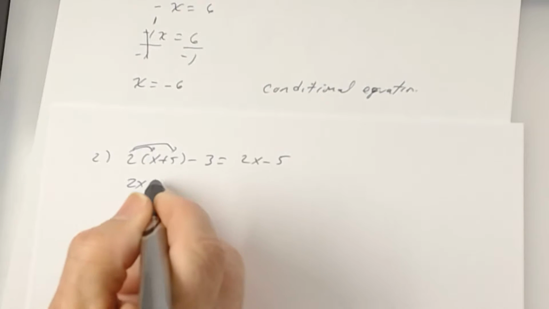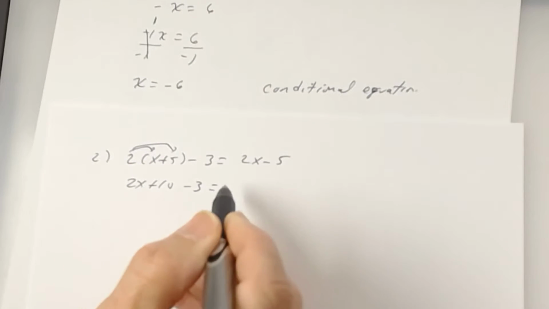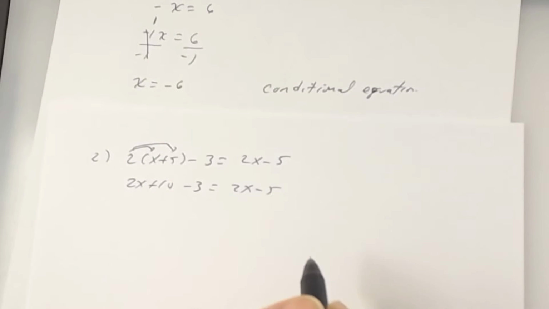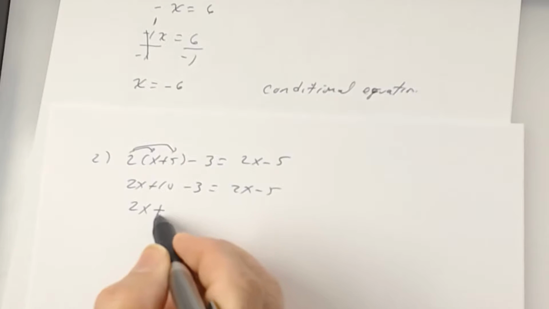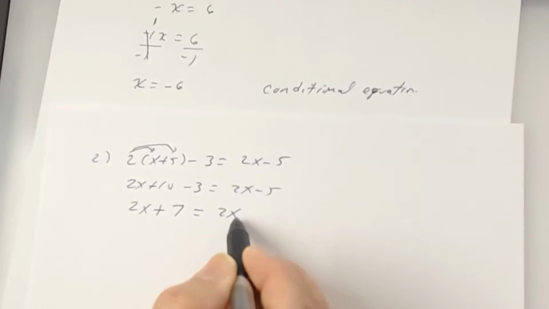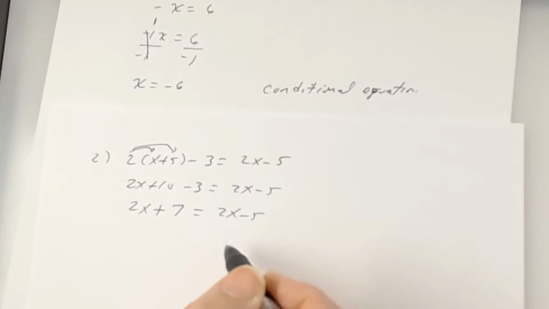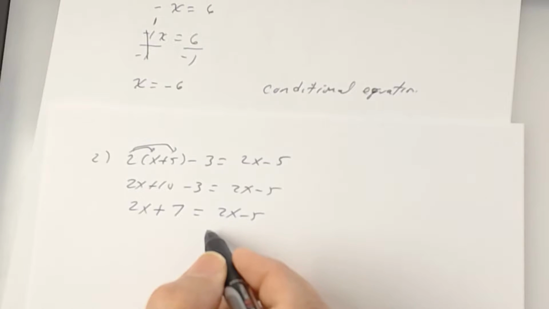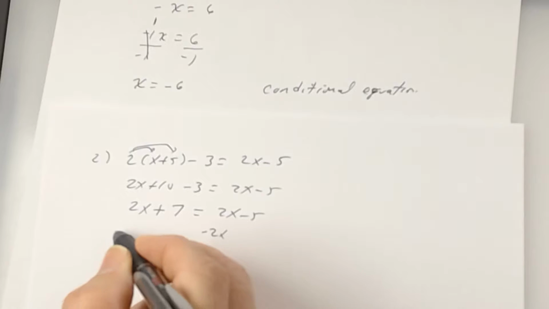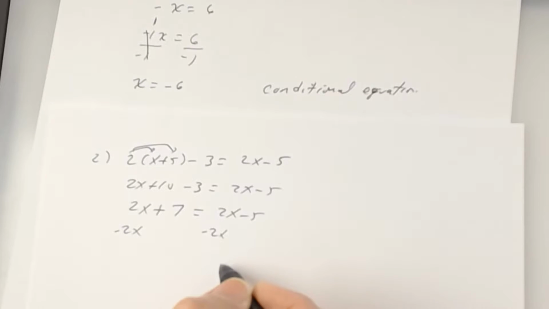So I get 2x plus 10 minus 3 equals 2x minus 5, right? What's the next step? Combining like terms, I get 2x plus 7 equals 2x minus 5. Okay, let's bring all the variables to one side, constants to the other. So what's the next step? Subtract 2x. So when I subtract 2x, what do I end up with? 7 equals negative 5.